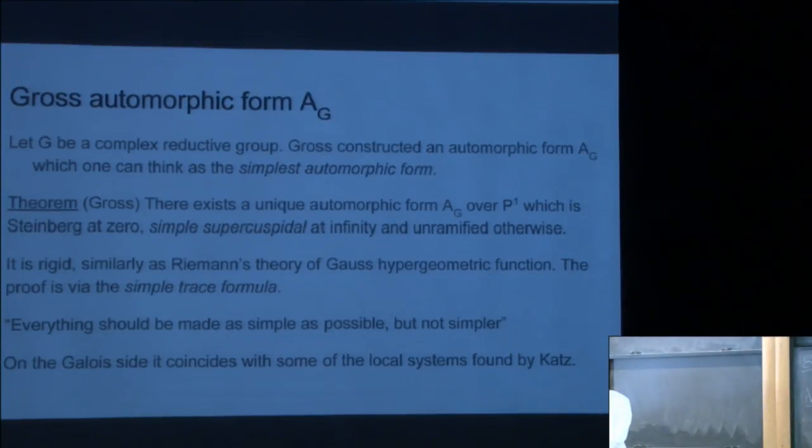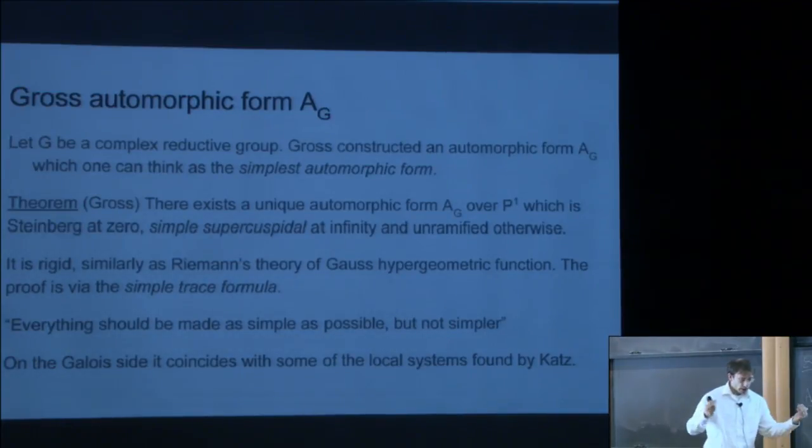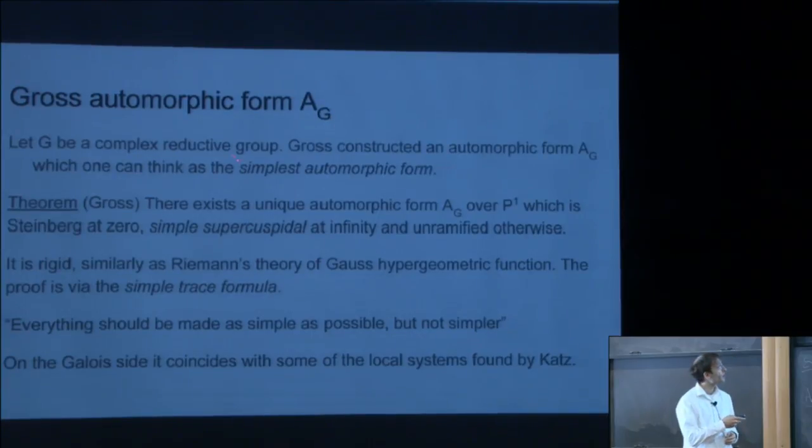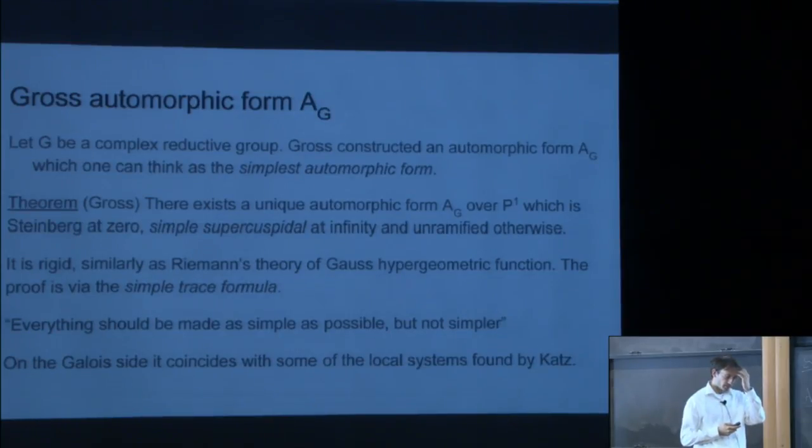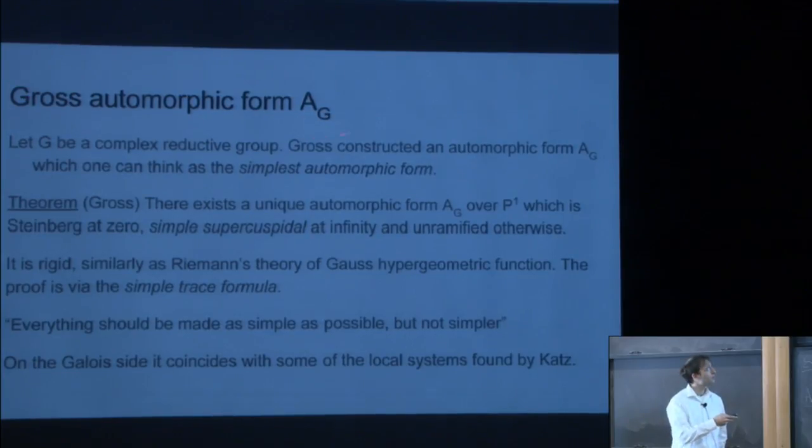There is a key object that will relate the two sides. This key object, in fact, has been constructed by Dick Gross. It's a remarkable object, which is attached to any complex reductive group. It's a very universal kind of construction.